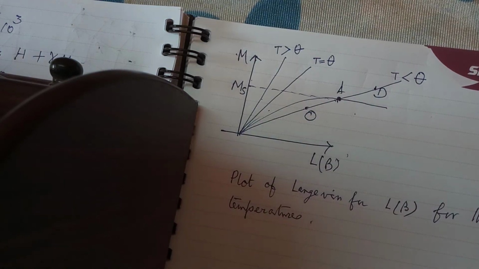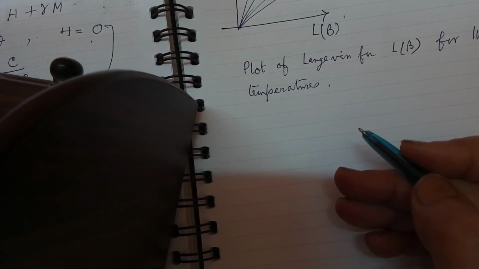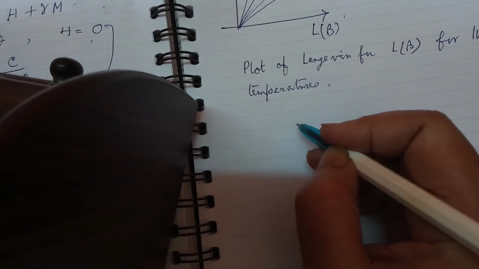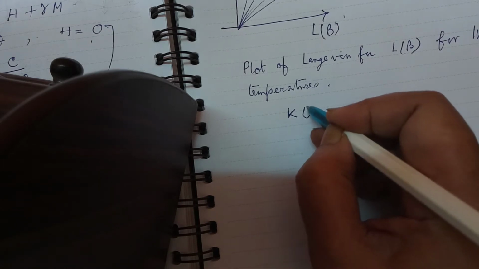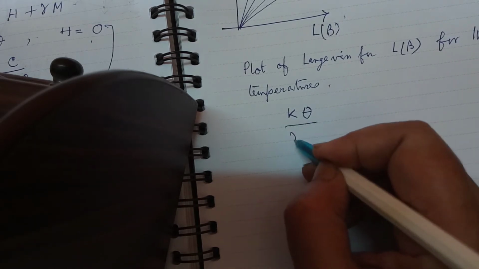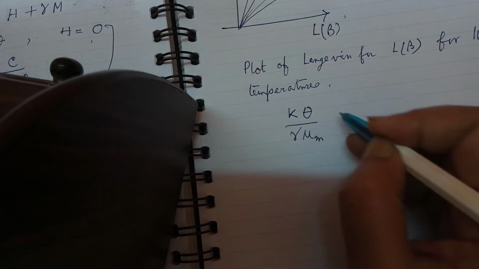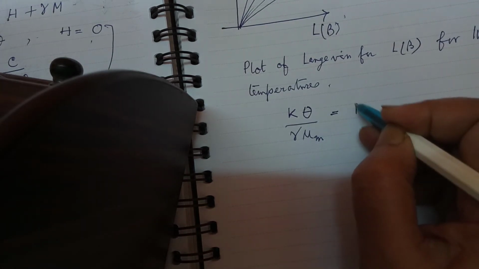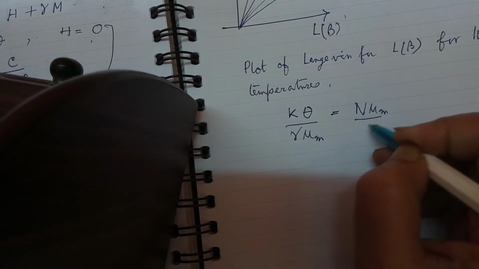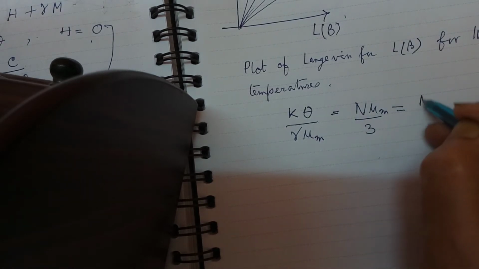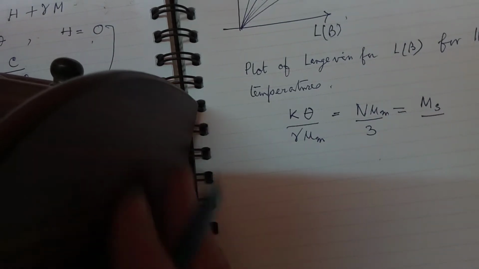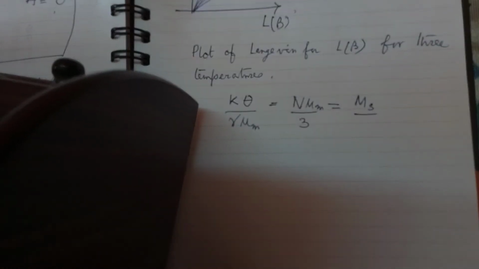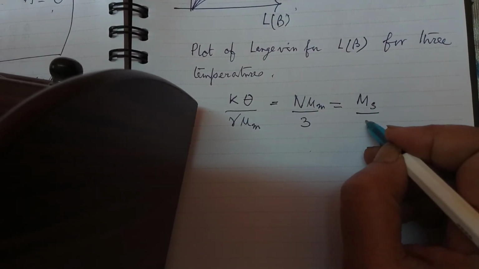Then over here, what can you write? From the previous equation, you can write k theta by gamma mu m is equal to n mu m by 3, which is equal to the saturation magnetization Ms by 3.